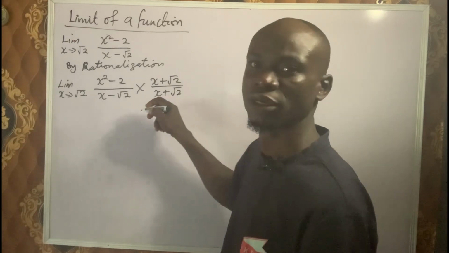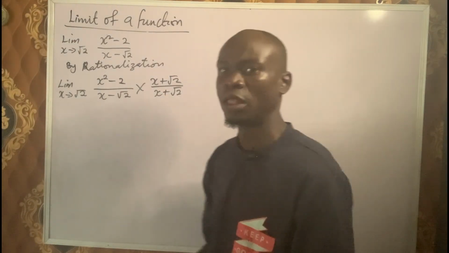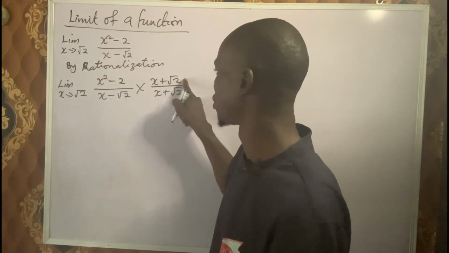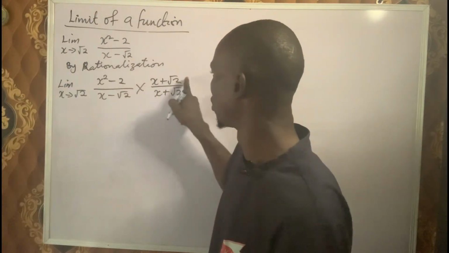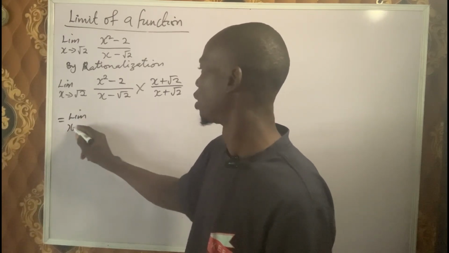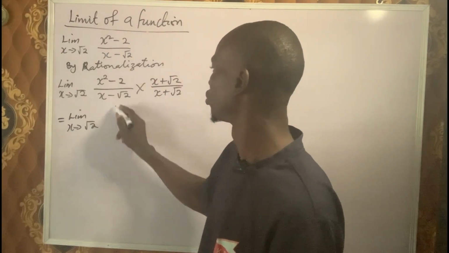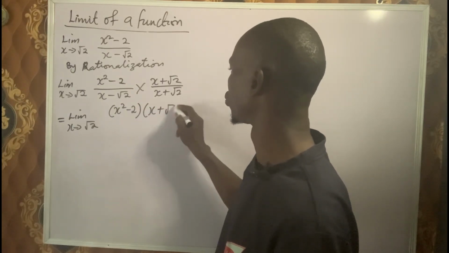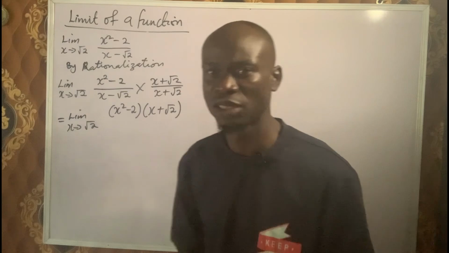You know this is 1, so we can still go back to the expression. But we don't want to cancel it. Instead, we're going to say this times this. When we multiply this, we are going to have the limit as x tends to root 2 of x squared minus 2 times x plus root 2. We don't need to expand because expanding will waste our time.